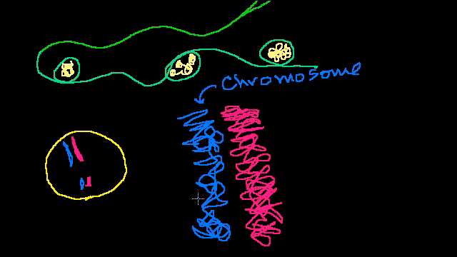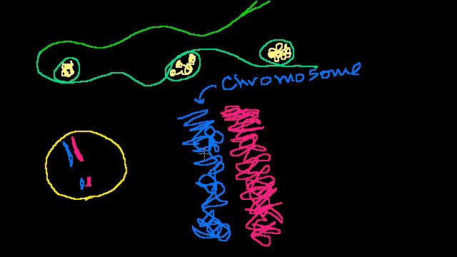Not when it's replicating, but when the cell is dividing. Before the cell can divide, DNA takes this very well-defined shape. Most of the cell's life, when the DNA is actually doing its work, when proteins are being transcribed and translated from the DNA, it isn't all bundled up like this.